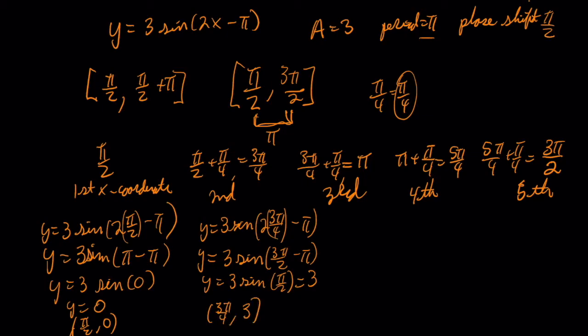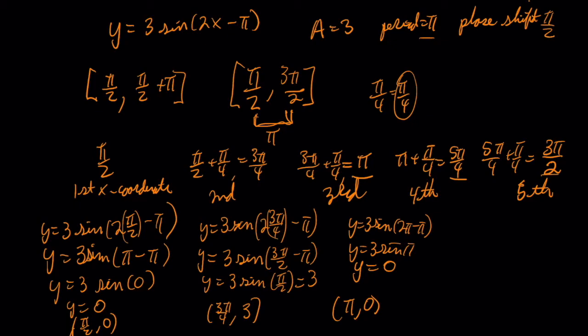And if you look back at the function we did graph, these points are on that graph. And you're just going to continue substituting for all of the additional values of pi. For y equals 3 sine of 2 pi minus pi, you get y equals 3 sine of pi, which is 3 times 0, so y is 0. So you have the point when x is pi, y is 0.